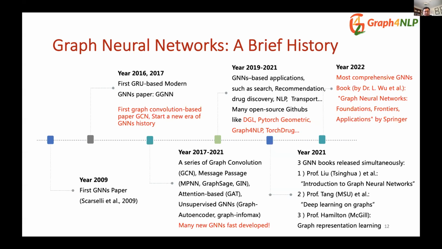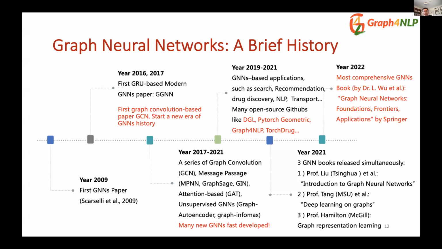We are able to use them for solving many problems. Then between 2017 and 2021, we saw a series of graph neural methods developed, based on graph convolution, message passing, attention, and unsupervised graph neural networks. It has really been on a fast track that has boosted a lot of good algorithms.